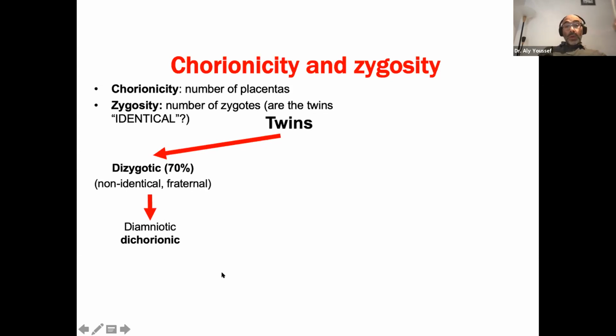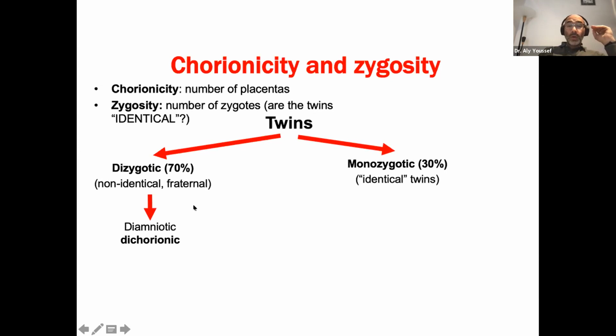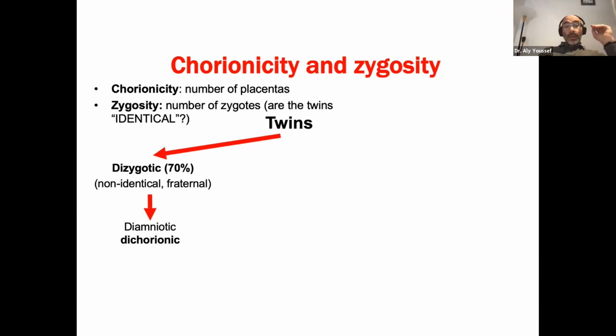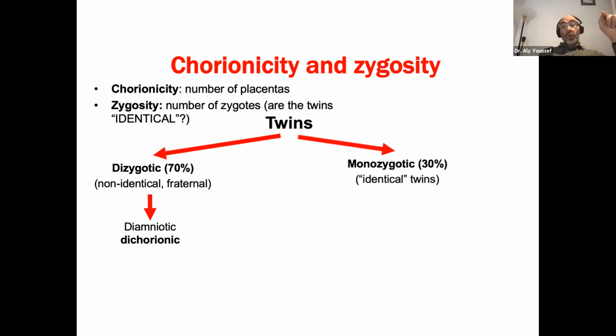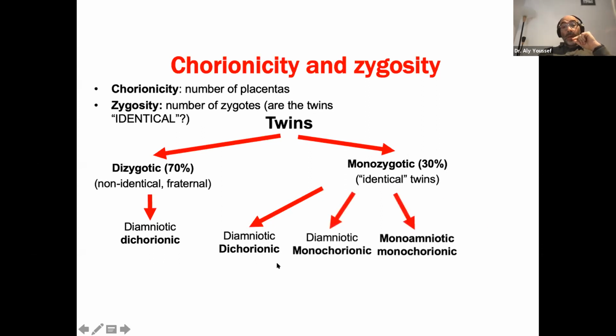Well, most twin pregnancies are dizygotic, so they are non-identical, almost 70%, and all dizygotic pregnancies are diamniotic and dichorionic, so they have two sacs and two placentas, whereas not all monozygotic pregnancies are dichorionic. This depends on the time in which the separation of the zygotes happens.